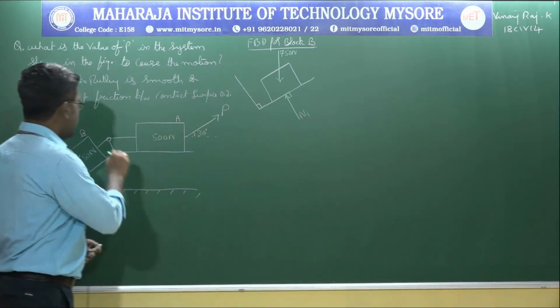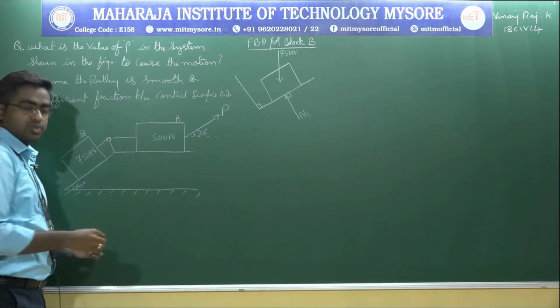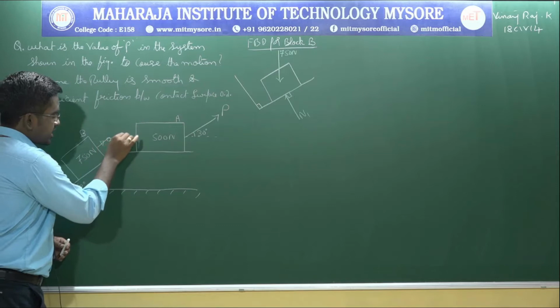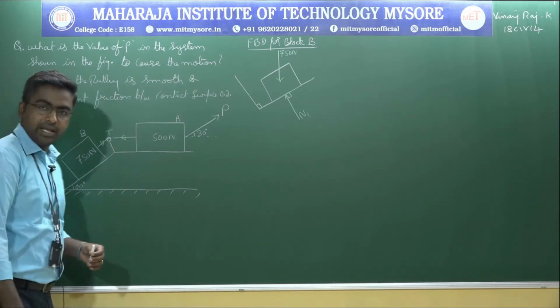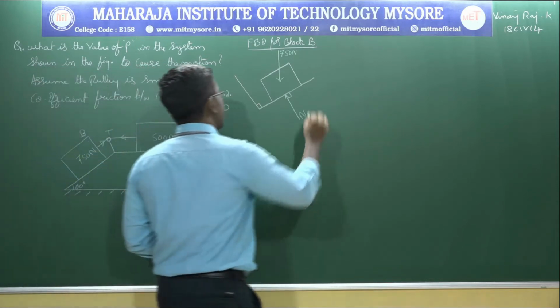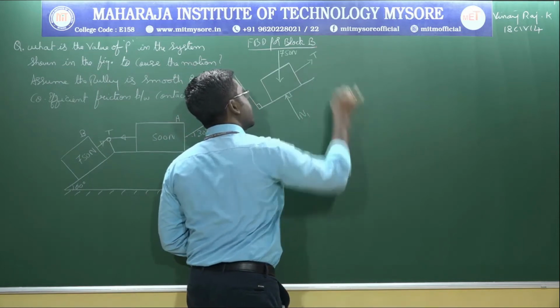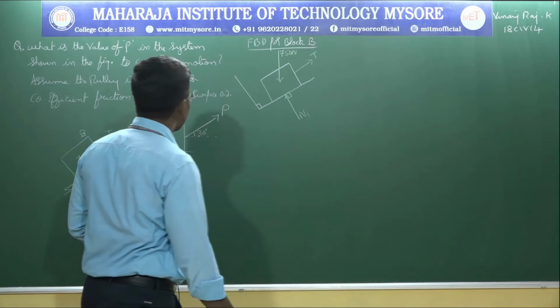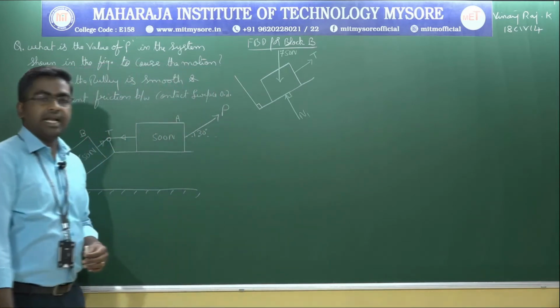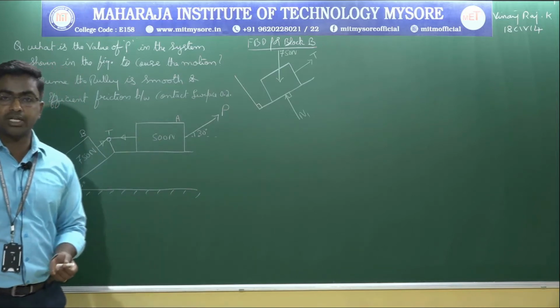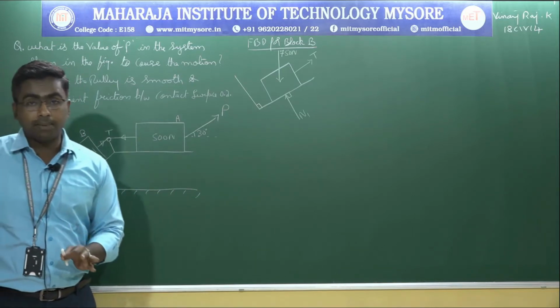So this is the common string between the two blocks. There will be tension in the string, denoted by capital T, and this is how I need to represent the tension. Along with this I need to represent the frictional force direction, and friction is always opposite to the impending motion.